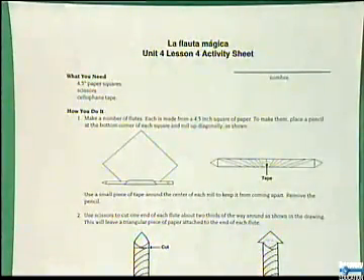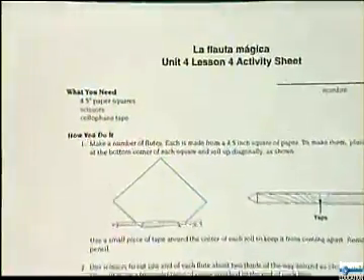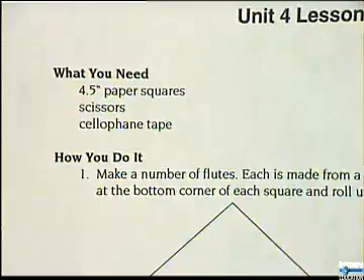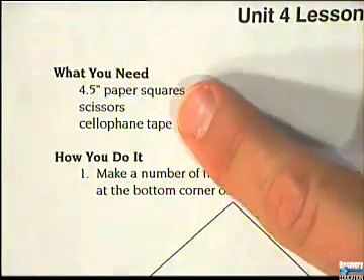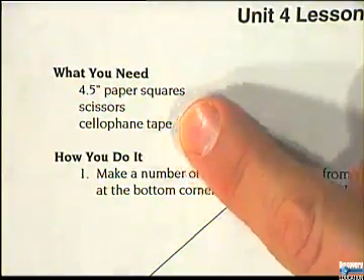You can make a magic flute and fool your friends. As a matter of fact, one of our activity sheets today is called La Flauta Mágica. And this activity sheet will show you how to make a magic flute of your own. It's really very simple. All you need is a little square of paper, some scissors, and some tape.